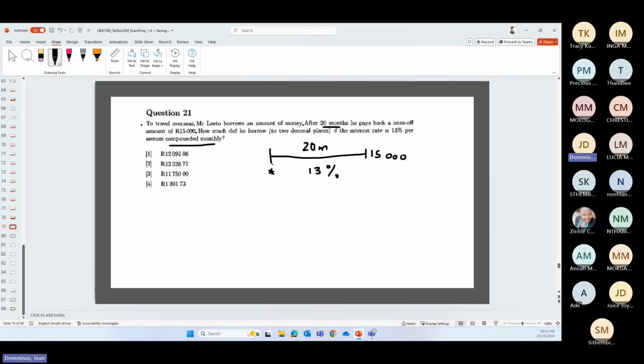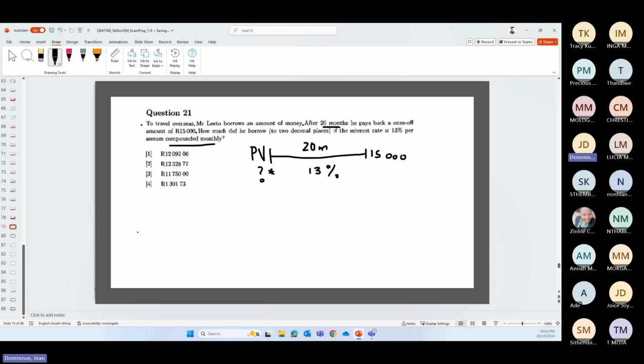So we basically need to work out the present value. We can use our financial calculators.